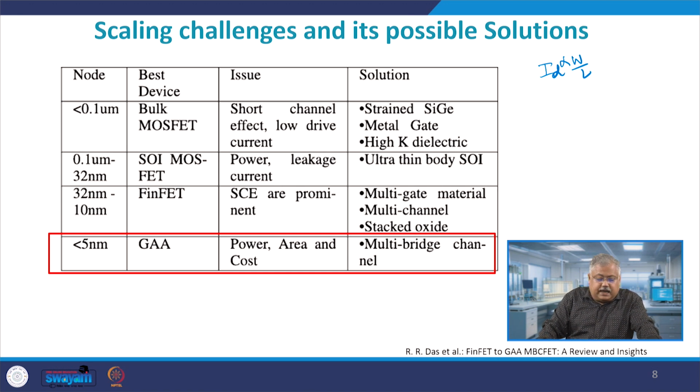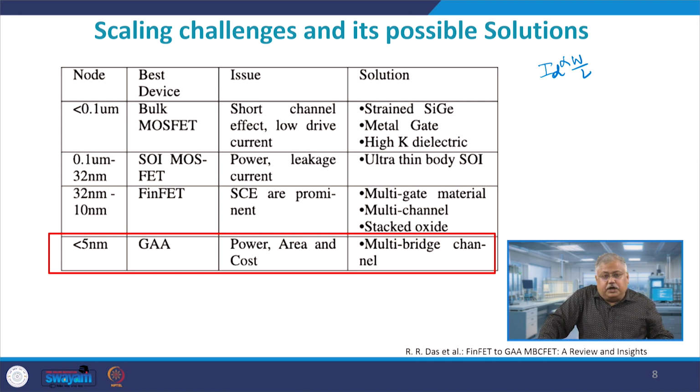Then if you are working at 0.1 micron to 32 nanometer, the best device which people have proposed over a period of time is the silicon on insulator MOSFET, or SOI MOSFET. However, it has issues with leakage current and excessively large power. But the solution to that is to have an ultra thin body, or UTB SOI, in this case. That will actually reduce a large amount of leakage current.